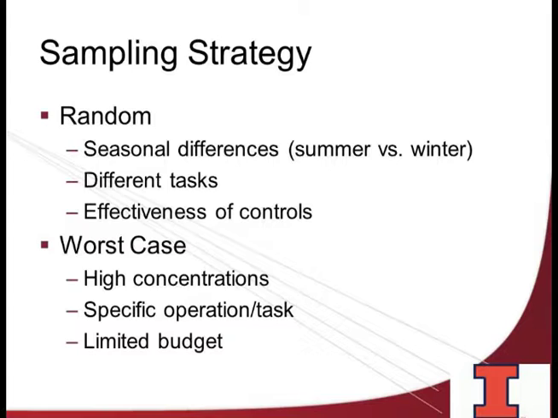So you'll look at where those specific operations or tasks are where you're going to get a lot of material generated, as well as high concentrations. It's not going to give you the same kind of picture as a random approach, but in some cases, due to budgets, and all companies have budgets, it gives you some information with respect to those worst case situations.